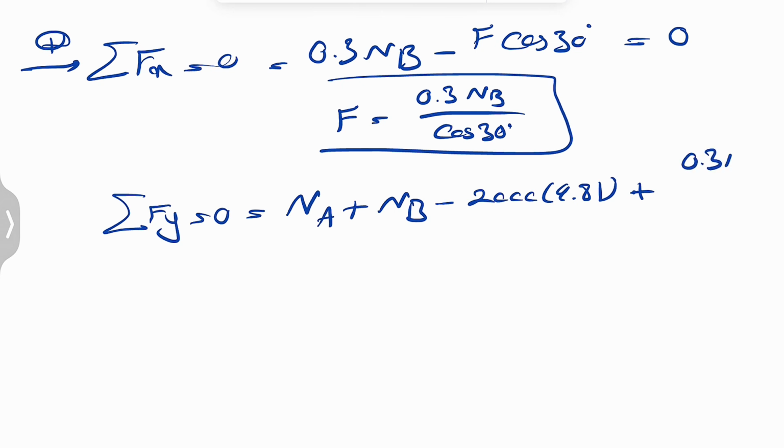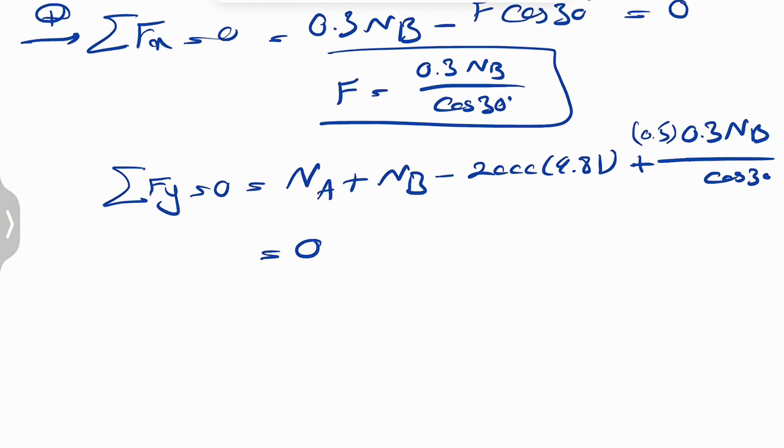Our F is 0.3 NB over cosine of 30 degrees, and we have to multiply that by sine of 30, which is 0.5. So I'm just going to put another 0.5 in here. And that's everything for the second equation. We have an equation based on NA and NB.